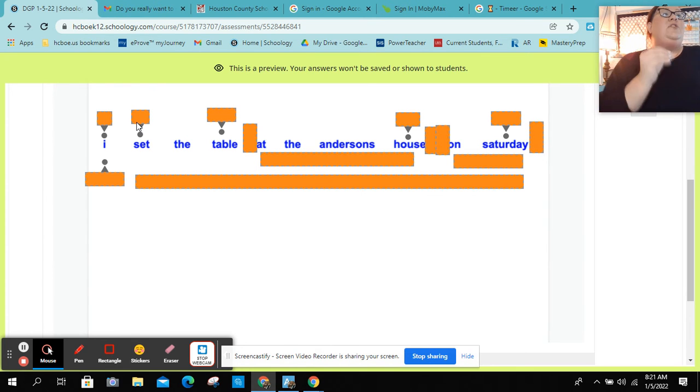Table. So if I can answer who or what after my verb, that means that I have a direct object. And if I have a direct object, then that means that my verb is transitive.